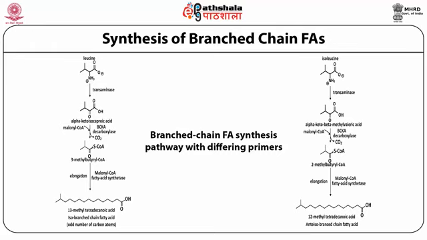This alpha keto isocaproic acid, together with malonyl CoA, under the catalytic reaction of branch chain alpha keto acid decarboxylase enzyme, forms 3-methyl butyryl CoA. As it is a decarboxylation reaction, carbon dioxide is released.